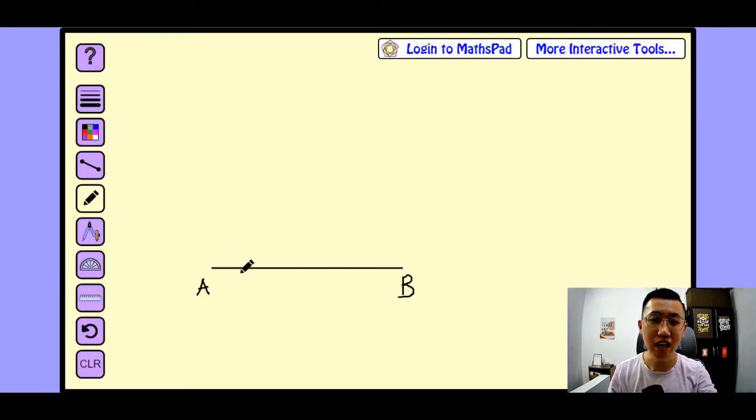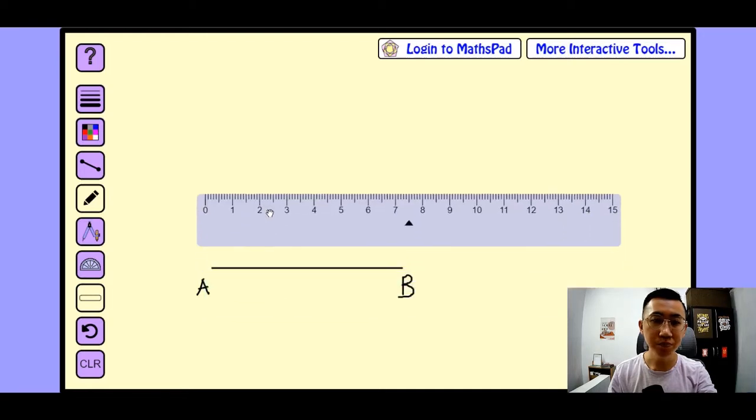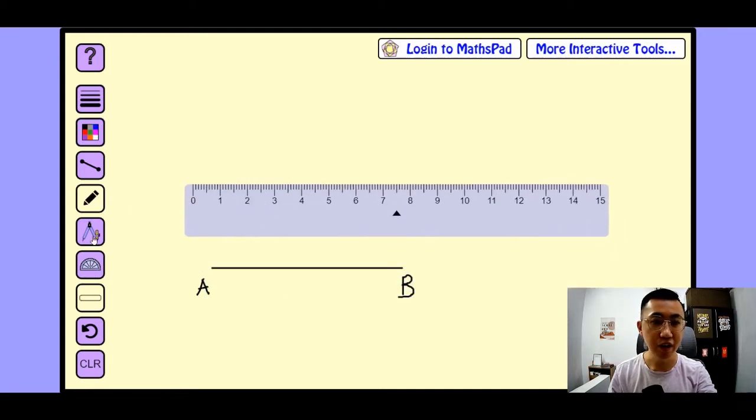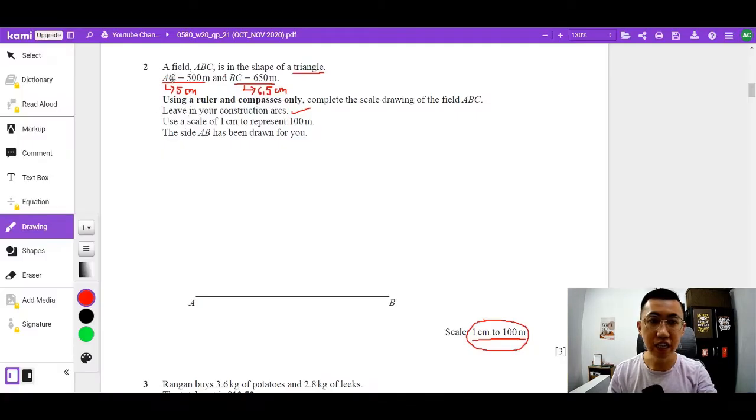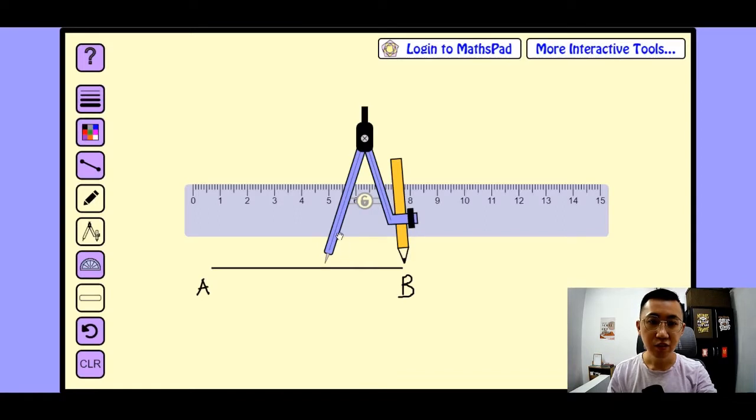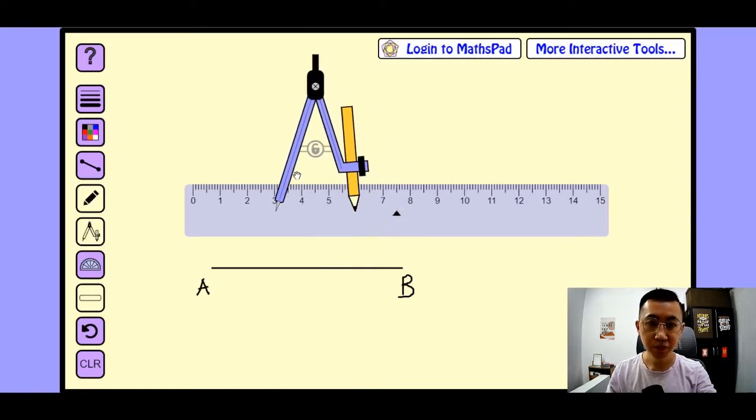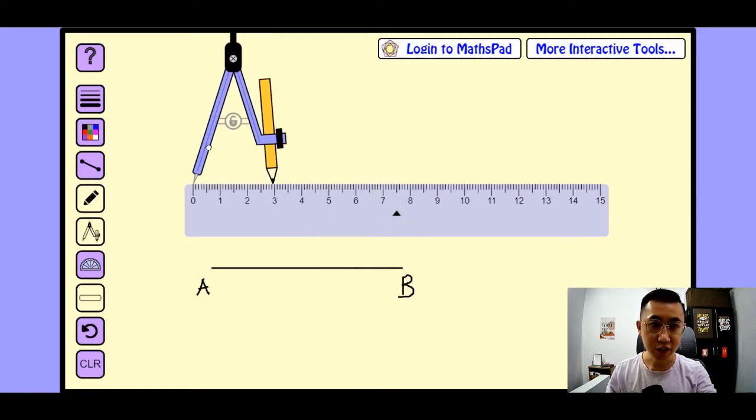So for this one, I assume AB is already drawn like this, just like the question. So we need to take out a ruler and a pair of compasses. We are going to construct the length AC first. So we need to open 5 centimeters from your needle point. Just be patient.